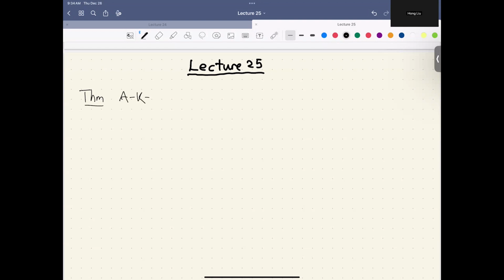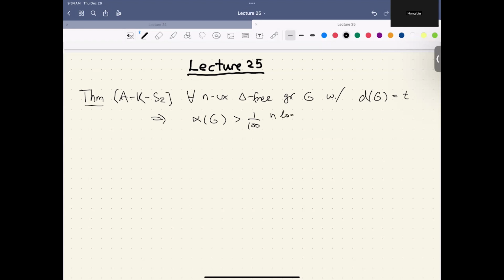They prove that for every n-vertex triangle-free graph G with average degree t, you can find an independent set of size, let's say, 1/100 n log t over t.